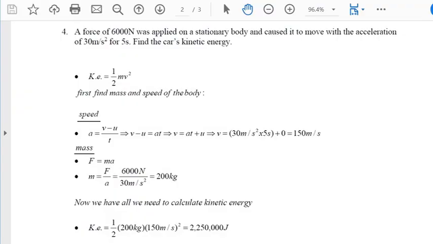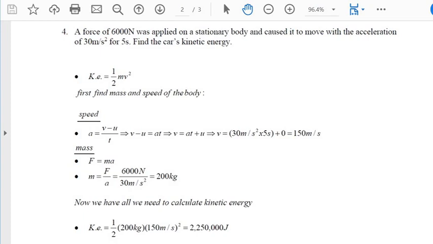Now let's look at this question. A force of 6,000 newtons was applied on a stationary body and caused it to move with the acceleration of 30 meters per second squared for 5 seconds. Find the car's kinetic energy. What I like about this question is that it has moved away from giving you all the parts of the equation, to say here's your mass and here's your velocity.